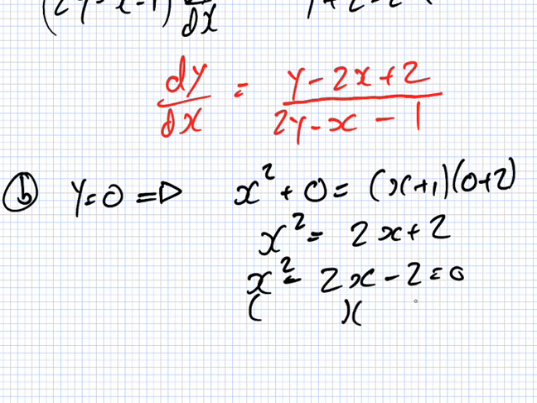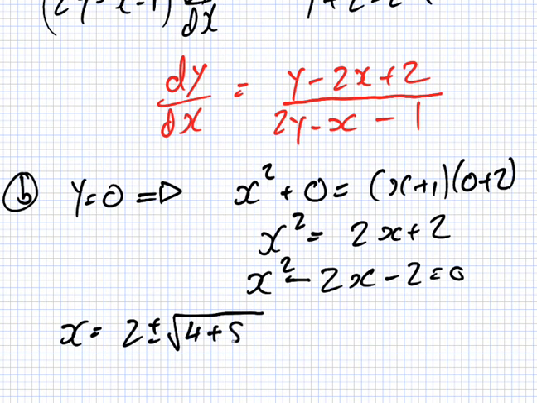Does this have roots? It does not. Well, I mean, it has roots, but they're not nice. So x equals minus b plus or minus the square root of b squared minus 4ac all over 2a.